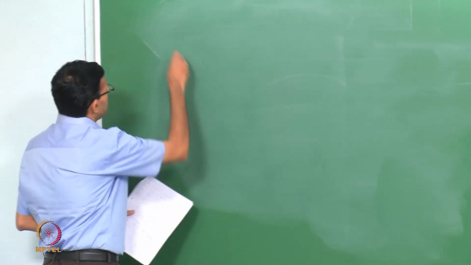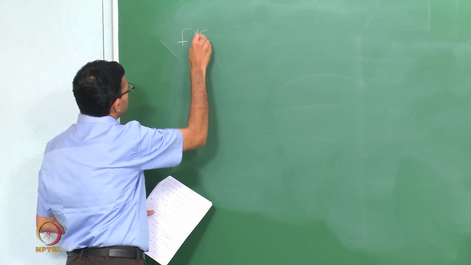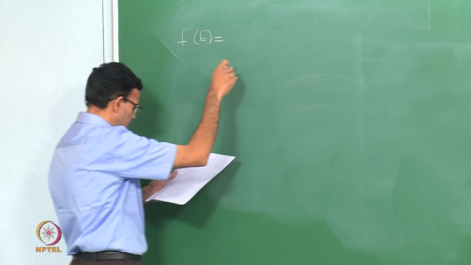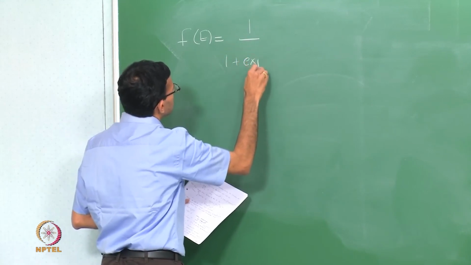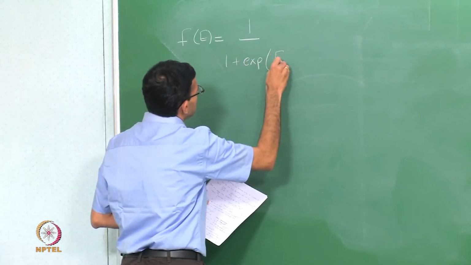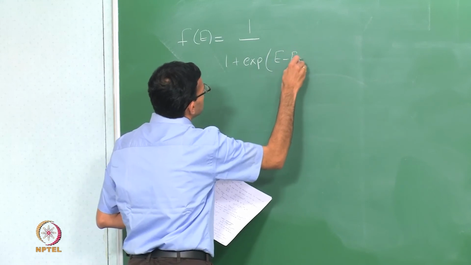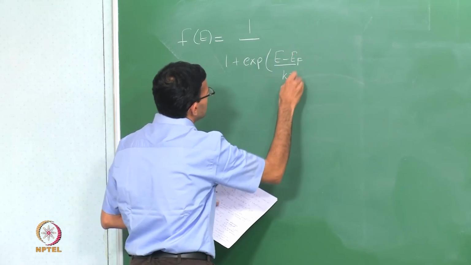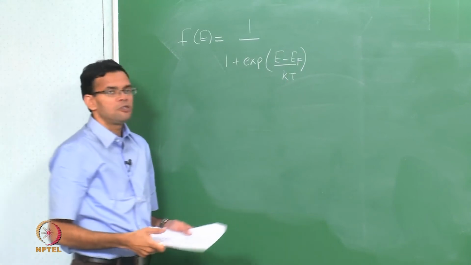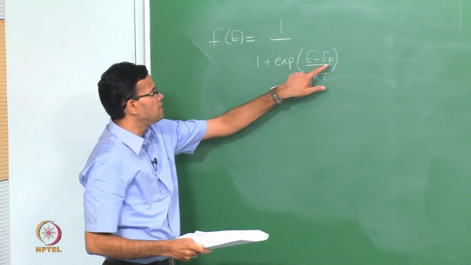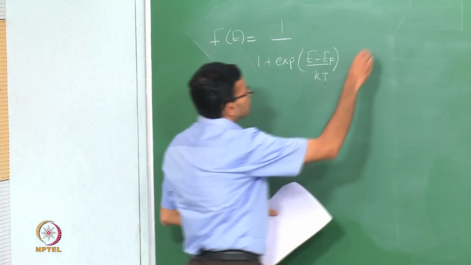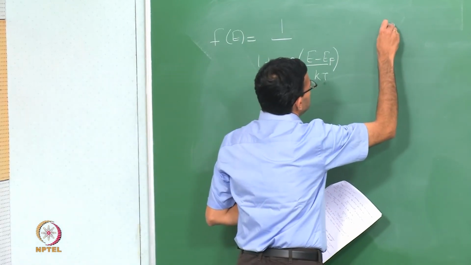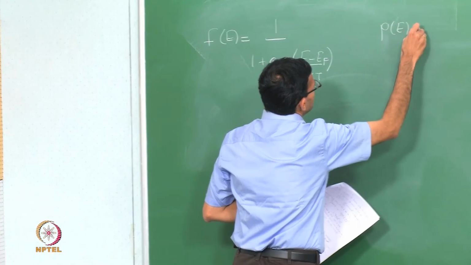So, let me write the expression for f of E. We also said that when E minus EF is much larger than kT, this can be approximated by the Boltzmann function P of E.